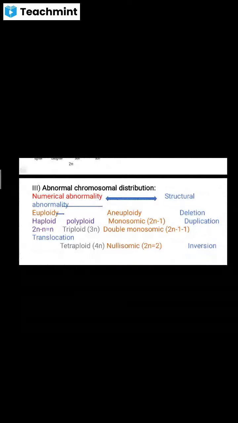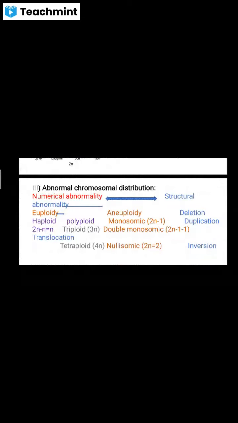But what are the abnormalities? Some numerical or structural abnormalities are observed in the chromosomes. Numerical abnormalities are differentiated as euploidy and aneuploidy.